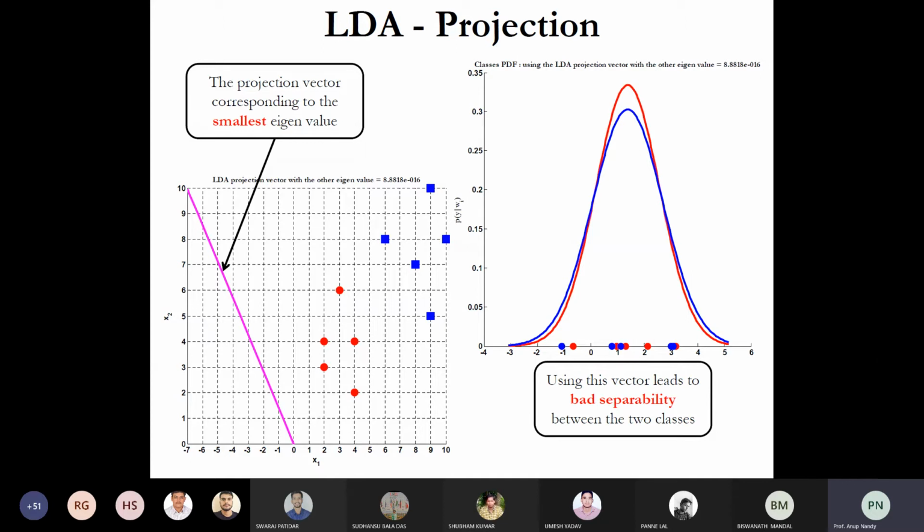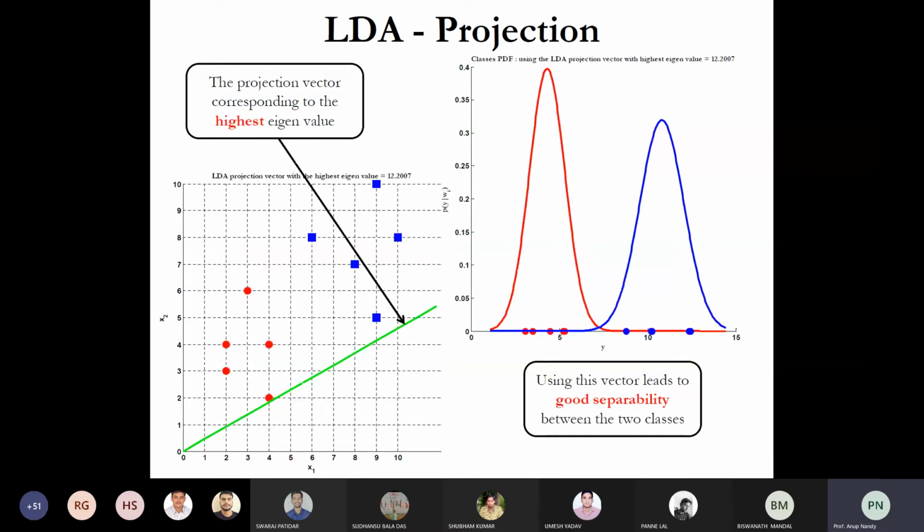As you can see, you have overlapping, given that your data follows normal distributions. You have to project all the data onto this direction and compute the mean.